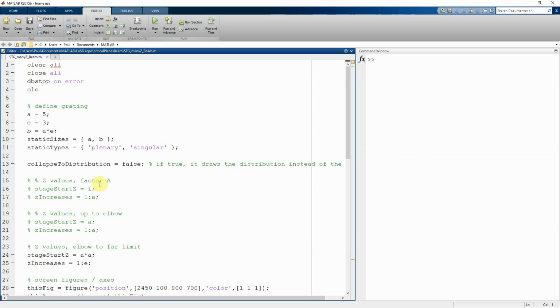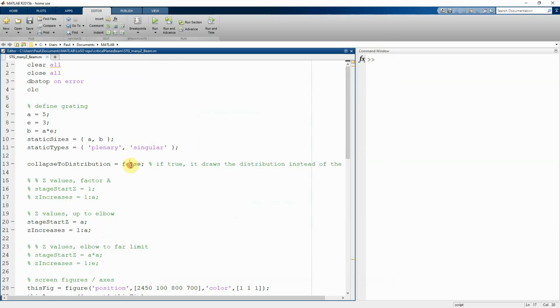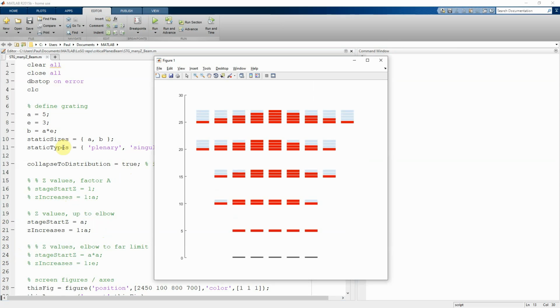There are 3 different stages that you can draw, and they are defined by these code regions here. Comment one out, uncomment another one, and you can draw a different stage. Also, you can set collapse distribution equal to true, and it draws the distribution instead of the source target grid.